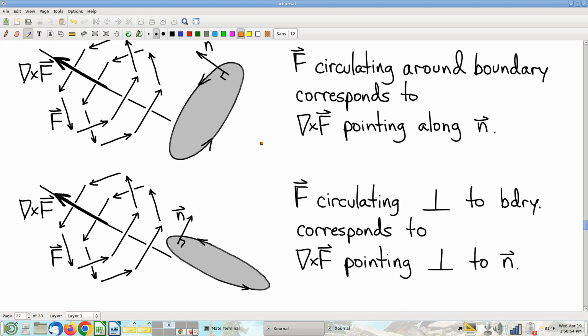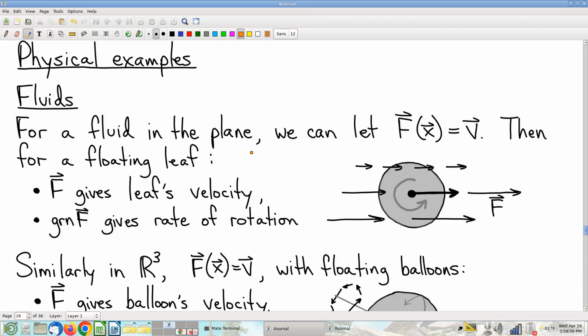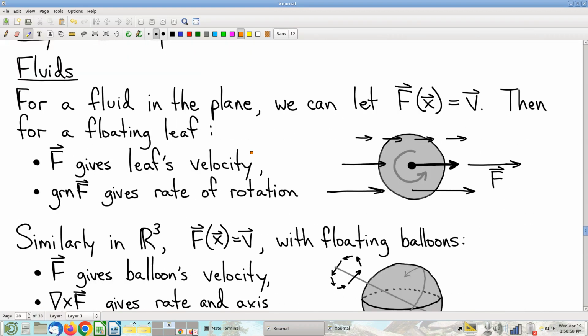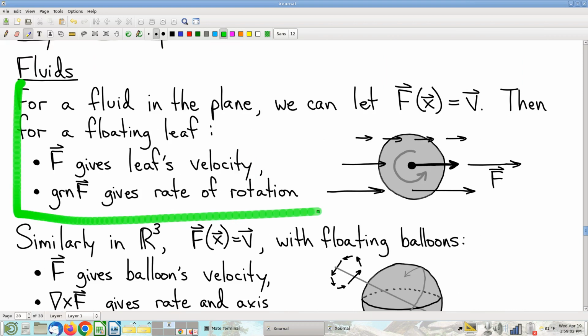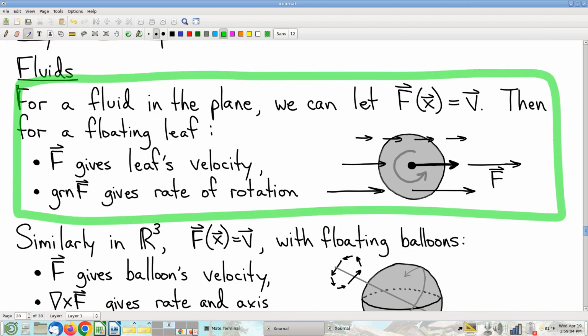All right. Okay, so let's talk through some physical examples. One of these we've already talked about, this business about fluids in the plane. This is old news. We know that if we have a fluid in the plane, such as is represented by these arrows that I've drawn here, we have a vector field like that.